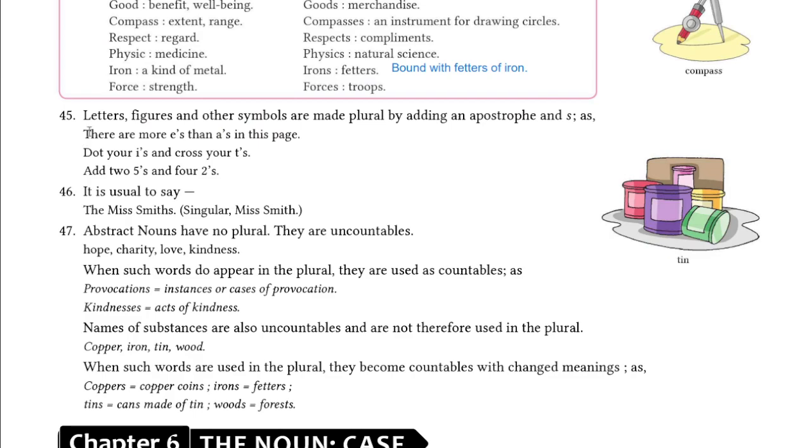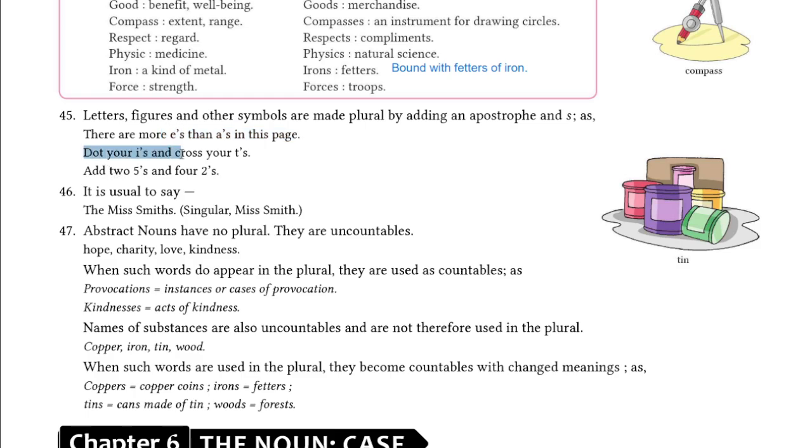Now, if we want to form plurals of letters, we would simply add apostrophe s. Like, there are more e's than a's in this page. E is a letter. In order to form its plural, we would add apostrophe s and we would get its plural form, e's.